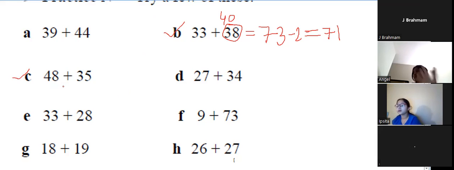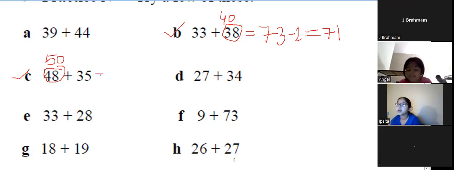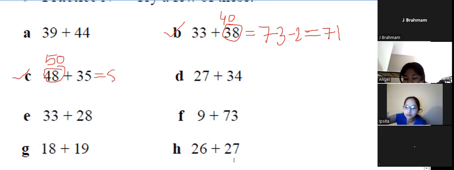Numbers nearest to the base are better. Okay, 48. I would make that 50. So 50 plus 35 is 85, and then 85 minus 2 is 83. 83. Correct.